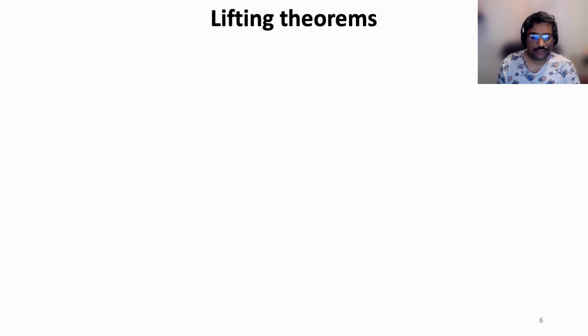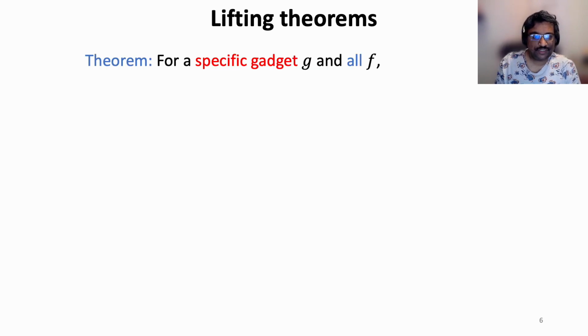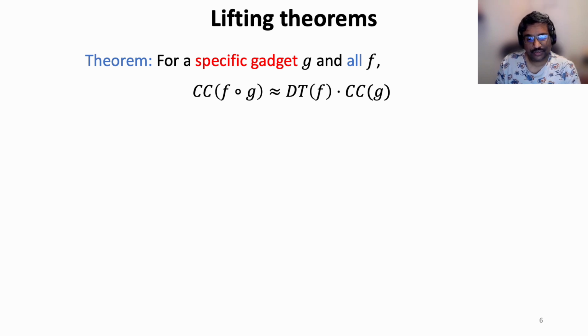To summarize, lifting theorems are theorems which work for a specific gadget G and for all functions F, and which essentially say that the communication complexity of the block composed function F composed G is approximately equal to the decision tree complexity of F. This is when considering lifting from query complexity to two-party communication complexity.